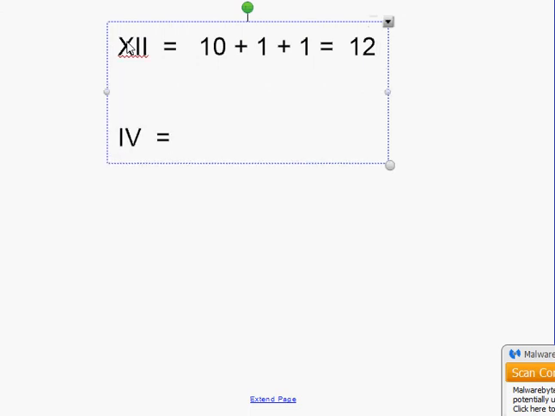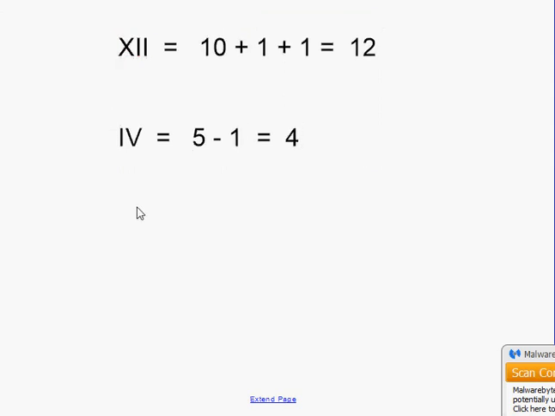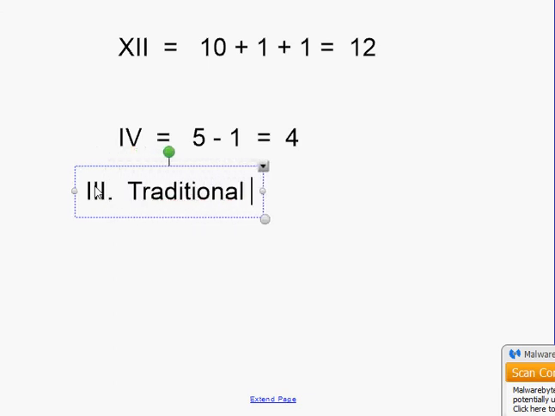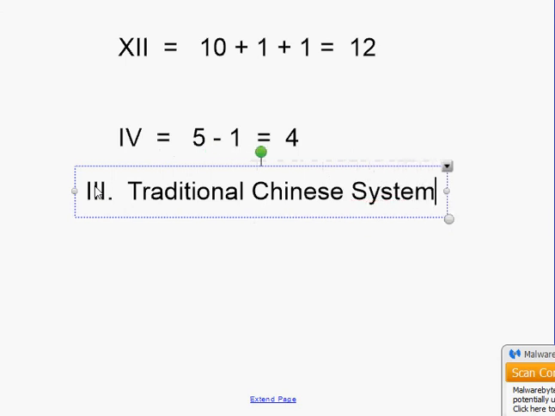Our next one that we're going to talk about is the Ionic Greek numeration system. The ancient Greeks, masters of art, architecture, theater, literature, philosophy, geometry, and logic, were not masters when it came to representing numbers.